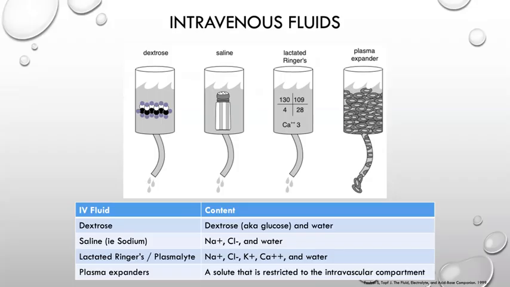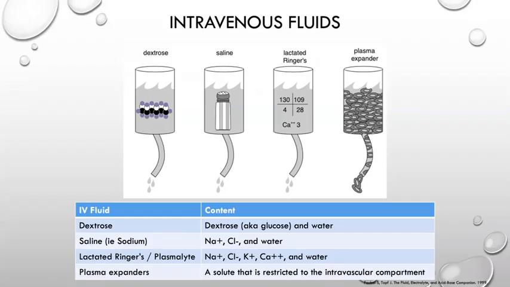The distribution of IV fluid is dependent on two things: the ability of the solute in the fluid to cross body water compartments and the osmolality of the fluid relative to the plasma osmolality. The solute contained in the intravenous fluid determines where the fluid distributes in the body.